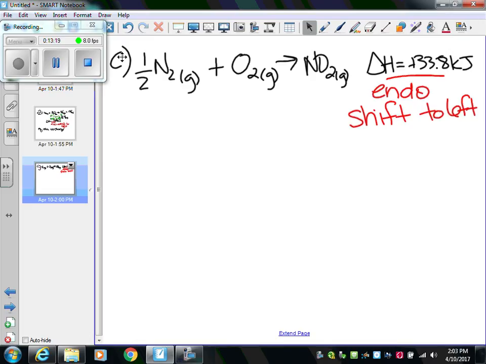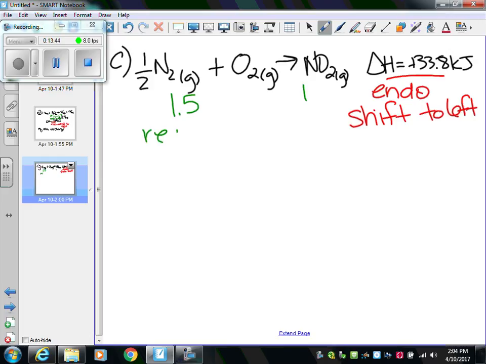So next thing I'm going to do is what? Count the moles. Moles of gas, right? How many do I have on the left? 1.5. So 1.5, everyone can call it. On the right, which side's bigger?